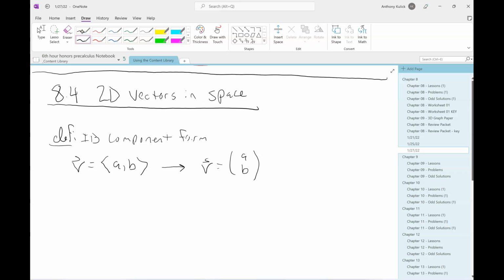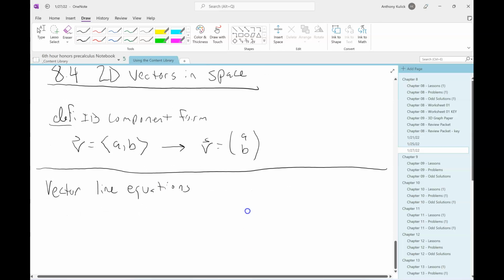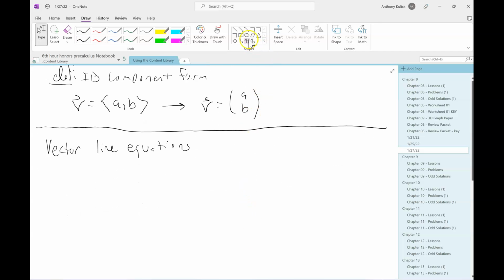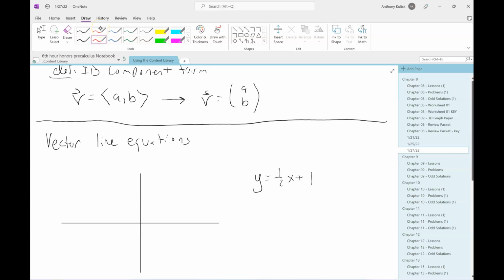All right. So today, our major emphasis is to talk about vector line equations. Back in the day, we would have talked about equations for lines like y equals 1/2 x plus 1, right?